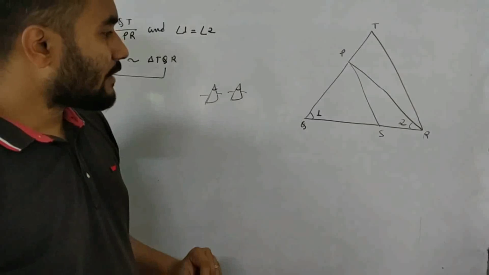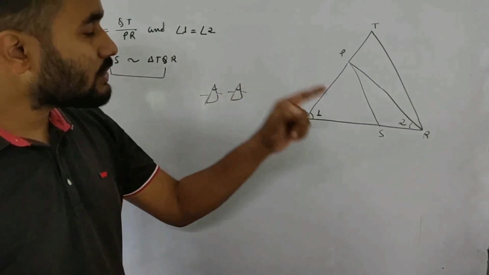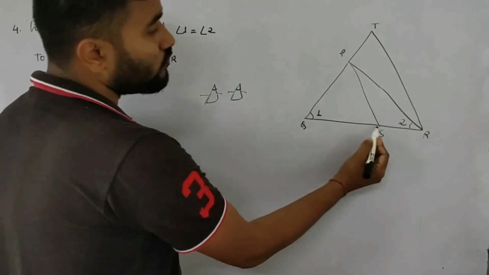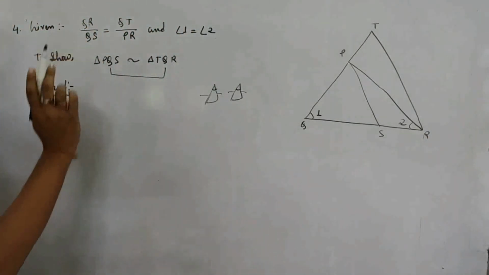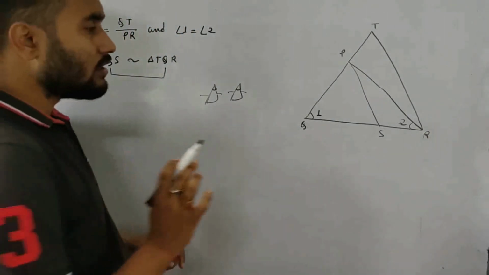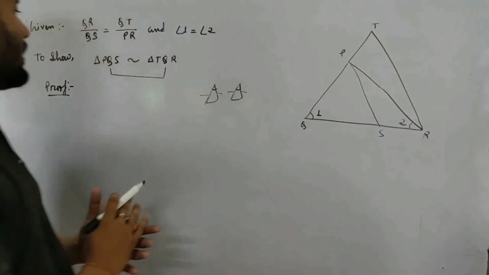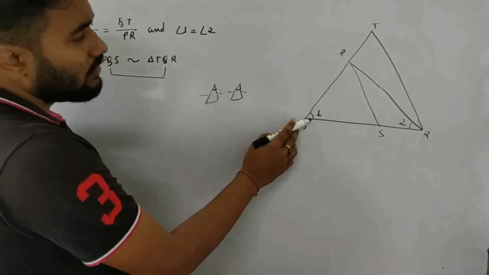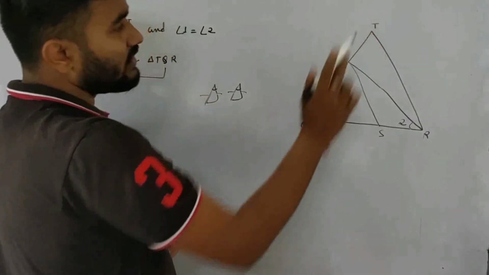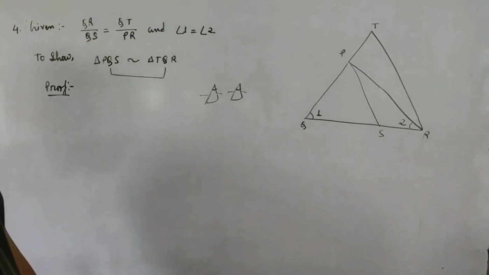So which two sides are there? This angle is between which two sides? One is QS, one is QR. So I can clearly see QR and QS is there. No problem. Then another one will be what? QP and QT.